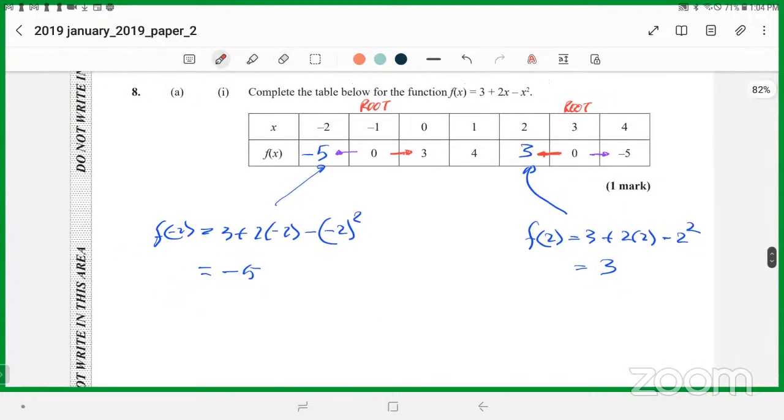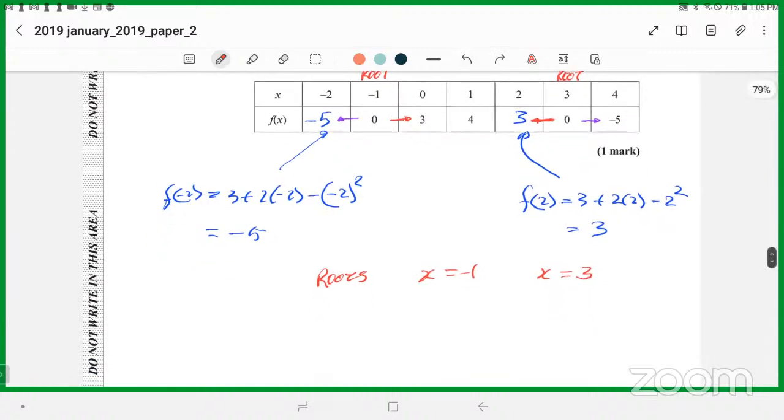On this function, the roots are x equals -1 and x equals 3, because it corresponds to where the y value equals 0 on the x-axis. So the axis of symmetry equals the average of the roots.